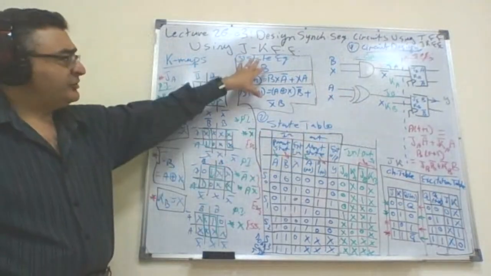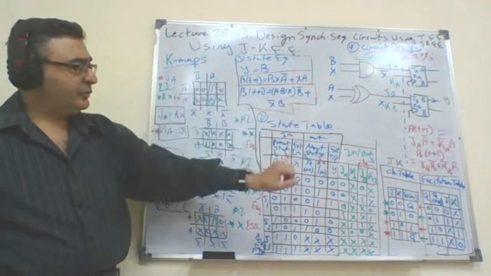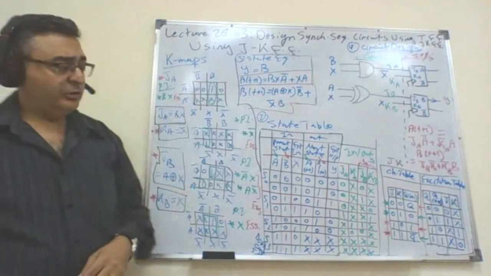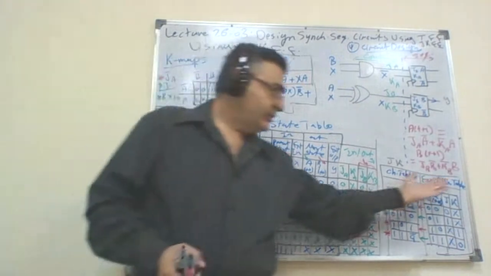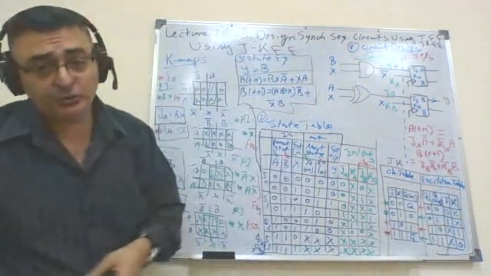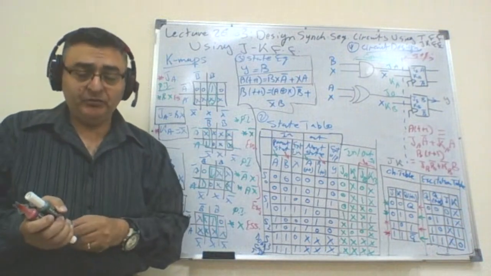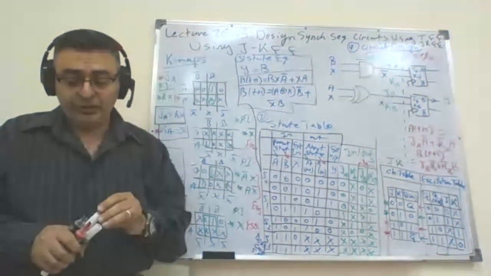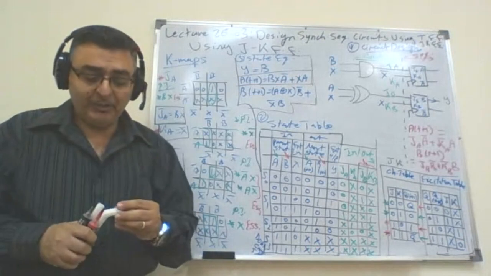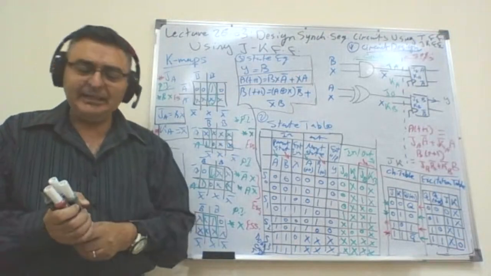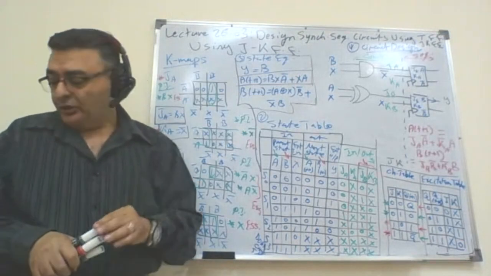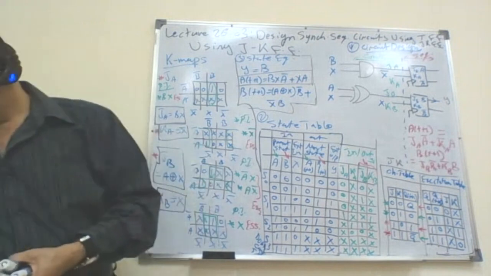Okay, and here, those are the state equations. This is the circuit, and here is the work. So don't worry about the excitation table. If I ever ask you to build the circuit using JK flip-flop, as you see here, designing using JK flip-flop is not easy. It needs one extra step involving the excitation table.